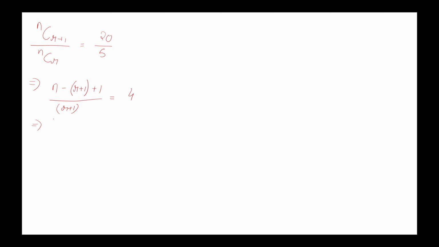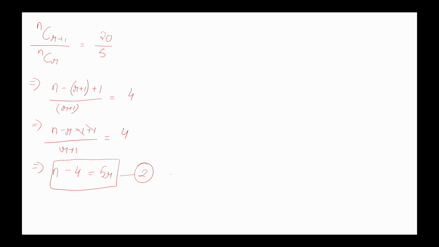Now if I was to open this entire thing, this would become (n minus r minus 1 plus 1) upon (r plus 1) is equal to 4. From here, this and this get cancelled out. We would have n minus 4 is equal to 5r. So this is my second equation that I'm getting.